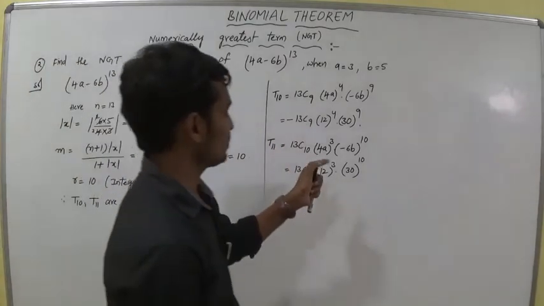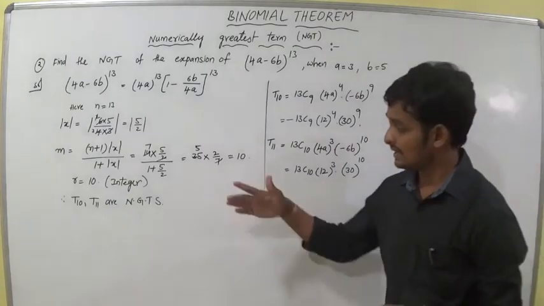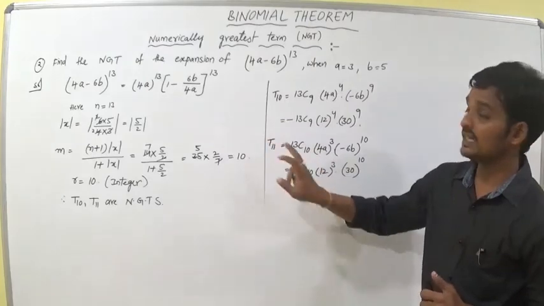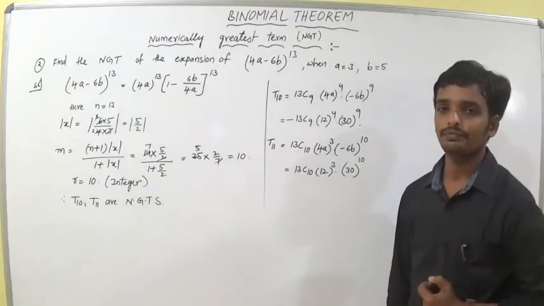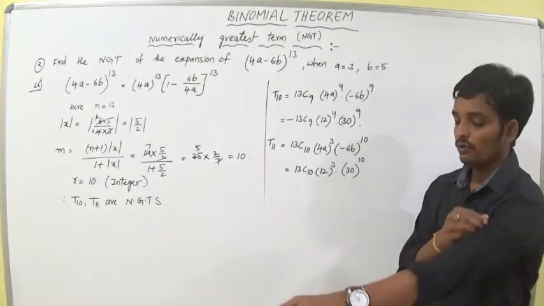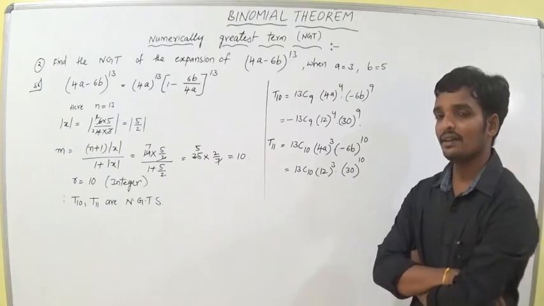So these two terms, I told you the first step when I was explaining the theorem, the values of T10 and T11 are equal. If you see this problem, we get a doubt. T10 is a negative number and T11 is a positive number.